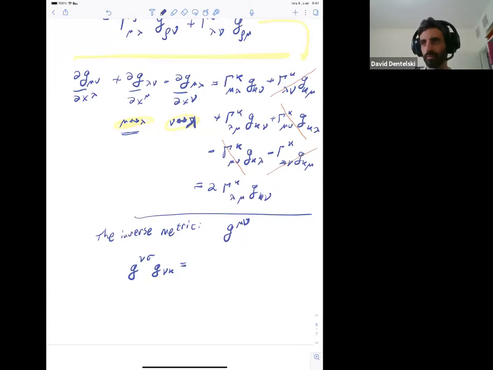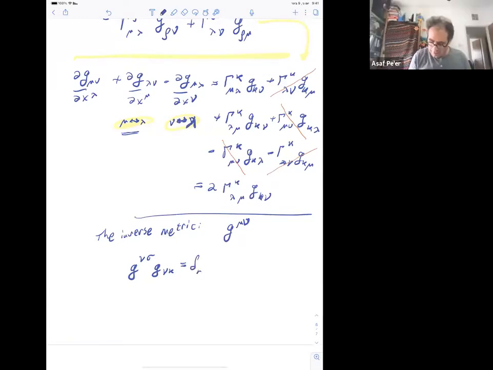Of course, this is a delta, delta kappa sigma. And then what is left is just to take this equation and multiply it by 1/2 G mu sigma. And okay, so the 2 and 2 go down. And we have a lambda mu, we have the G kappa mu, G mu sigma. So this is a delta mu kappa sigma.